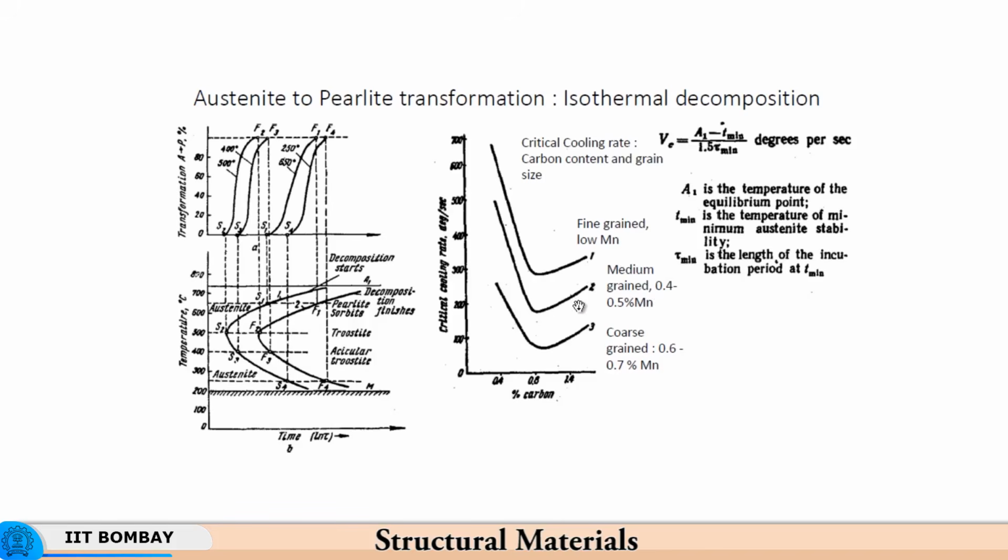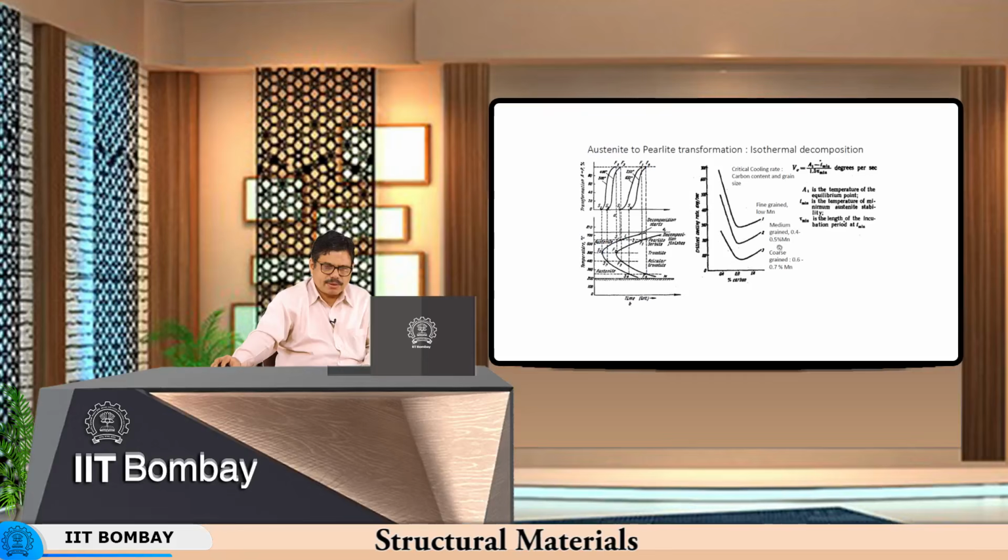It becomes a little lower, the critical cooling rate becomes a little lower, for medium grained material and with 0.4 to 0.5% manganese, and for coarse grained material it is very small.